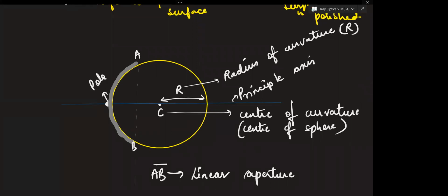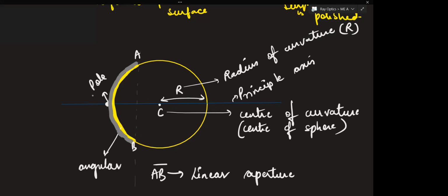This part of the mirror, with center C, this is known as the angular aperture. And this part is your linear aperture.